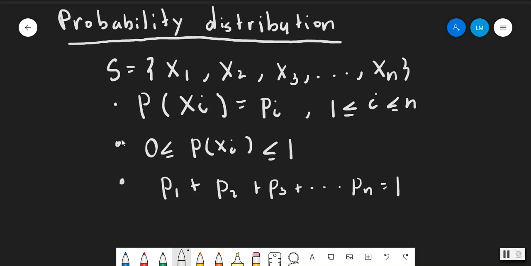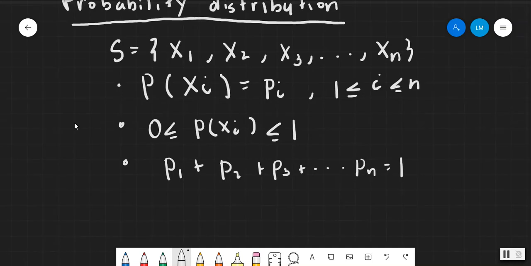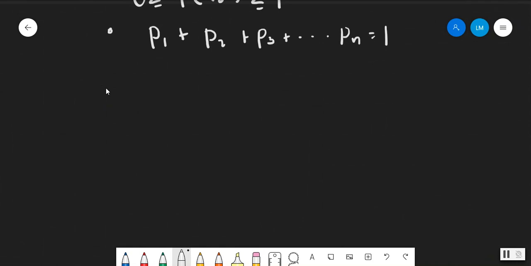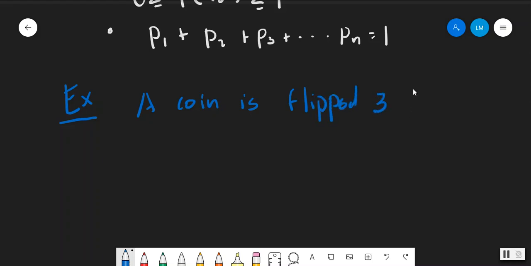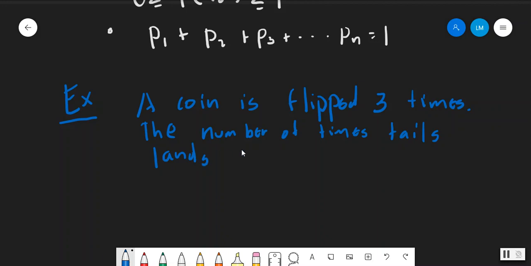Now we can look at an example of a probability distribution. One of the easiest experiments that we can look at is when a coin is flipped 3 times. Here we're going to say that the number of times tails lands is counted.